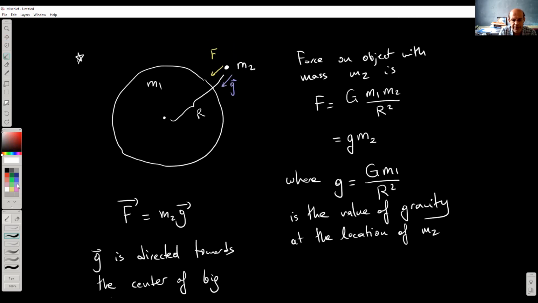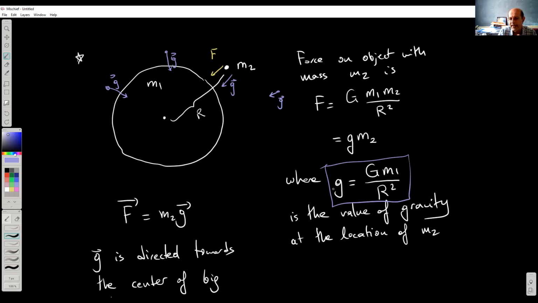We're basically finding what we have actually been saying before. There is this gravity vector, which is pointing towards the center. Its value and its magnitude depend on the location. So at a different location, it's going to have a different direction and different magnitude. But especially this is important.